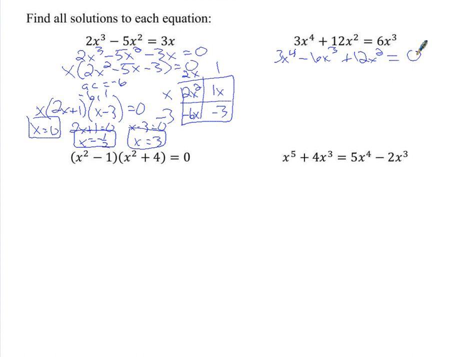It's x squared for sure, but notice that there's also a number, 3, 6, and 12. 3 goes into all of those, so I can actually pull out 3x squared. And then I'm left with what? x squared minus 2x plus 4 equals 0. Now what?